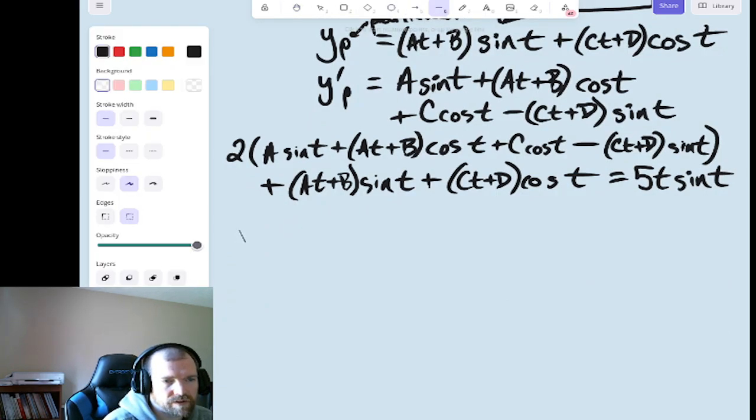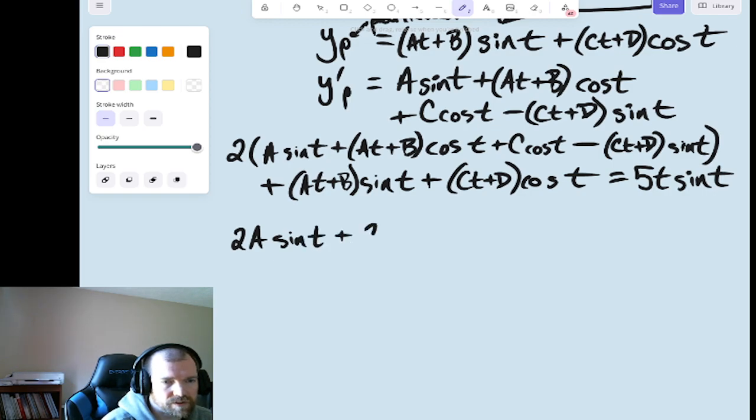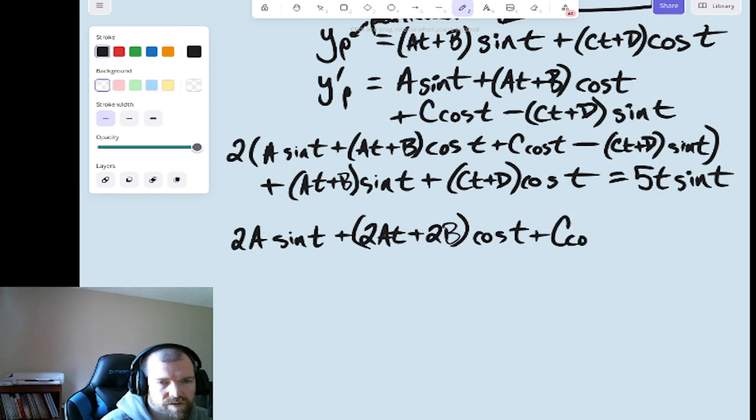So here we get 2a sine of t plus 2at plus 2b cosine of t plus c cosine of t, 2c, minus ct minus d.